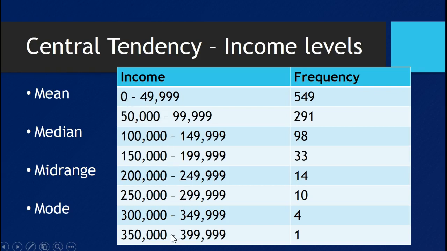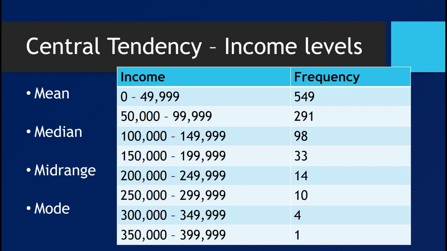For instance, in this last set, there's one person that has an income between 350,000 and about 400,000. If I pretend that that person landed right on 350,000, but in reality that person landed right about 400,000, I would be a total of 50,000 units off.